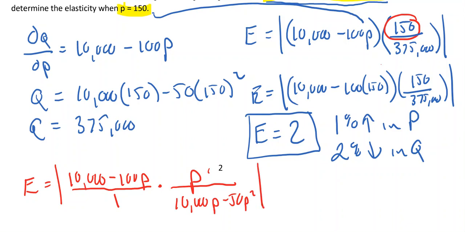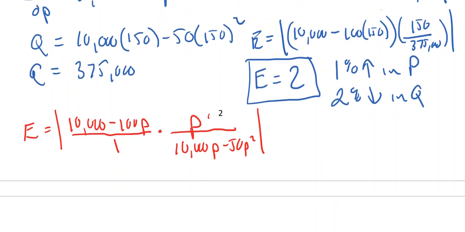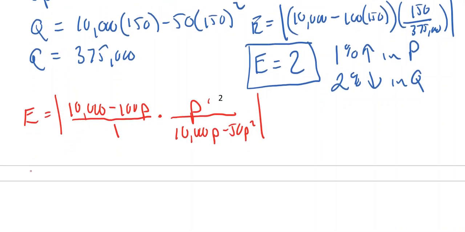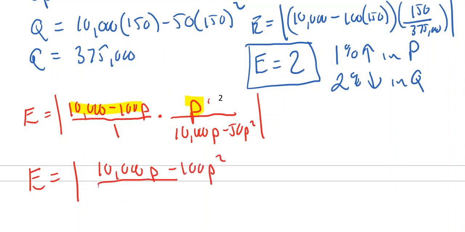Okay, so simplifying this is what we would want to do to write this as a function. So let's just simplify it a little bit. Absolute value of 10,000 minus 100p times this p, okay, because these are all in the numerator. We get 10,000p minus 100p squared all over the denominator, which is 10,000p minus 50p squared.